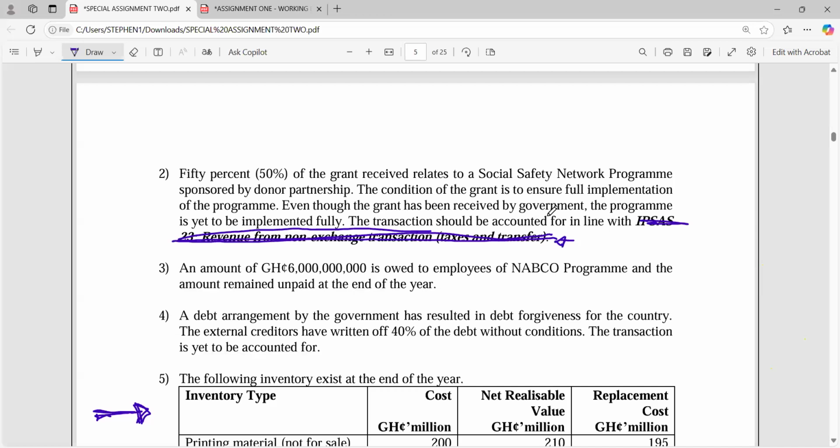Please, you and I know that when it comes to grants, before you can recognize that grant as a revenue, it means that you should be able to perform the condition of the grant. There should be a higher possibility that you'll be able to fulfill the condition of the grant.